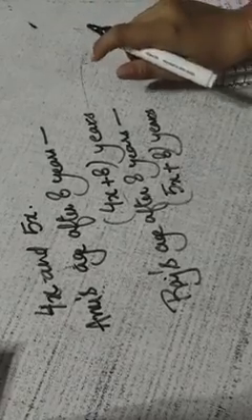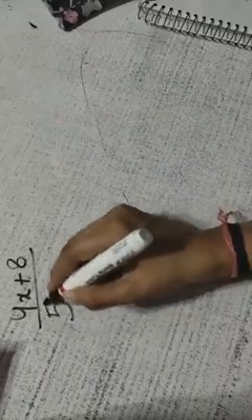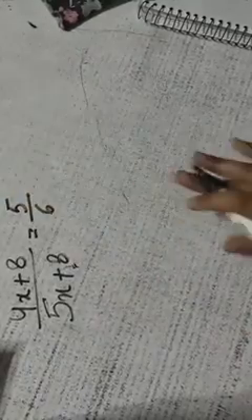Okay. So now they are telling that after 8 years, their ages will be in the ratio 5/6. So we'll write it like this: after 8 years, their respective ages will be 4x plus 8 and 5x plus 8. Okay, this will be in the ratio 5/6.